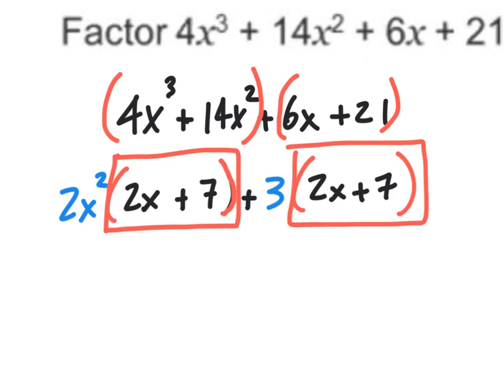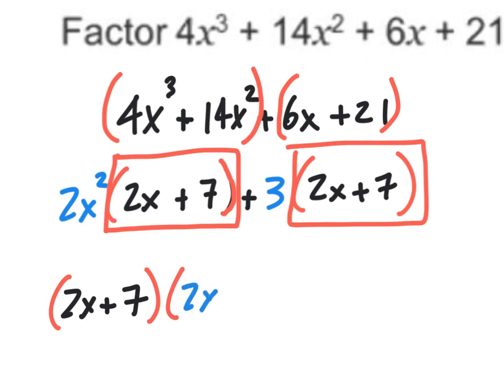If I factor out 2x plus 7 from each, I'm left with a factor of 2x squared plus 3.